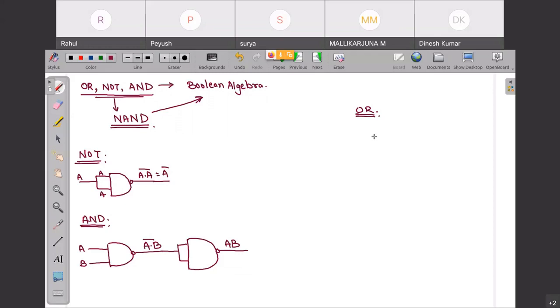See, for OR gate, this is A, this is A bar, this is B, this is B bar. Now if I take these two inputs and pass them from here, this is A bar, this is B bar.